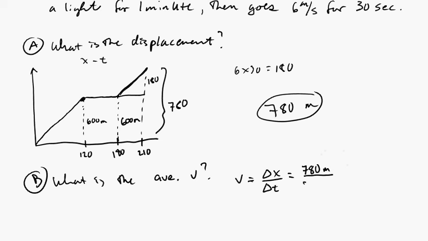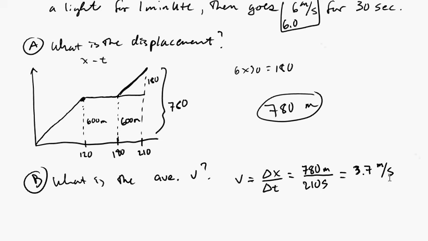The total time is 210 seconds. So 780 divided by 210, that would be, I will write 3.7, since it appears that we have 2 sig figs. Sorry, this should have been 6.0 meters per second, because that would make it 2 sig figs. Excuse me. Now it's 3.7 meters per second.